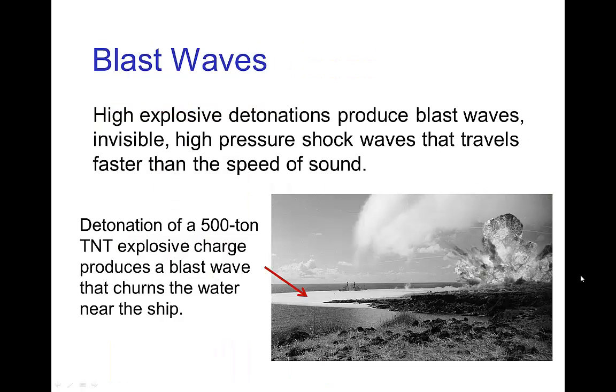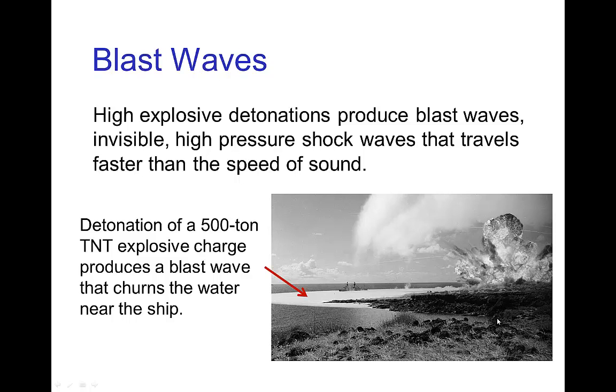Now, with high explosives, you have a blast wave that is produced by a detonation. And this is an invisible high pressure shock wave that travels faster than the speed of sound.